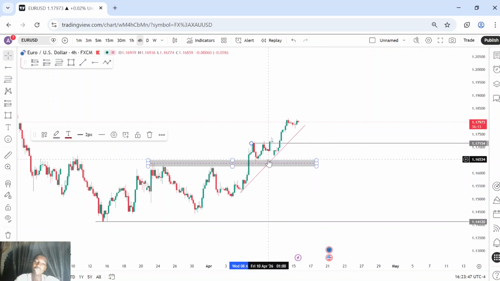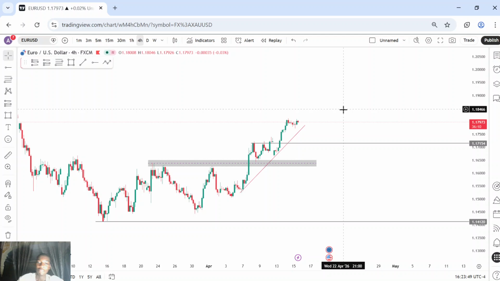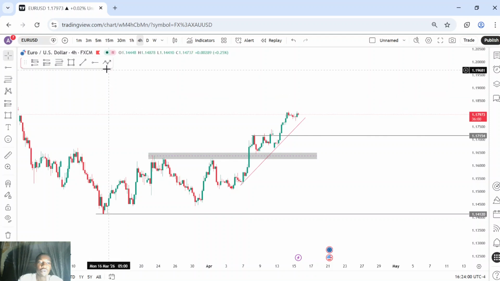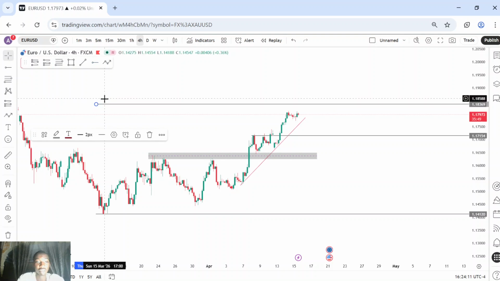But the thing now is that this is where candlestick formation comes into it, you know. Candlestick formations don't matter if they are not on the support or resistance line. Okay, now let us say this is a resistance line, right?